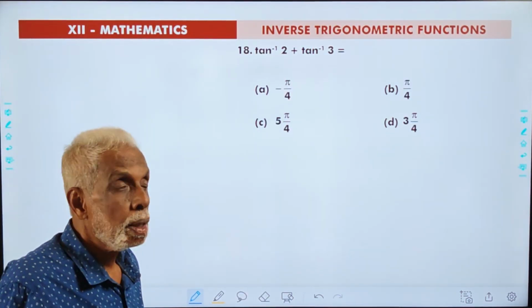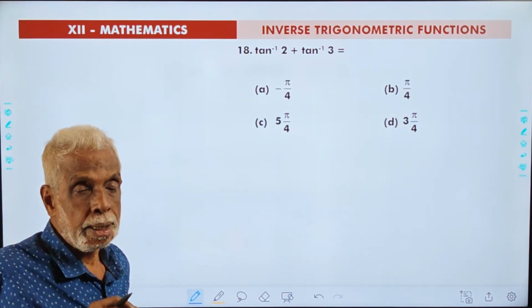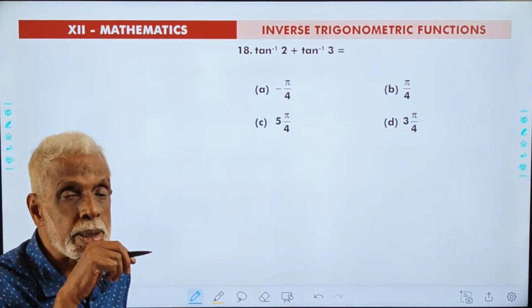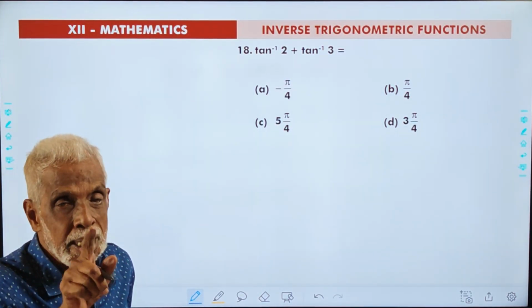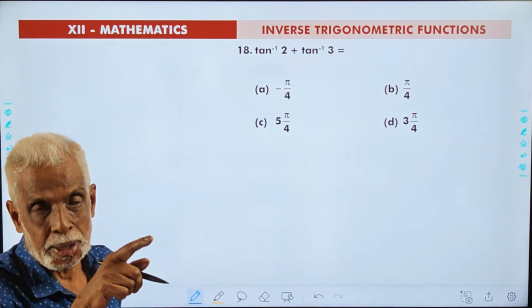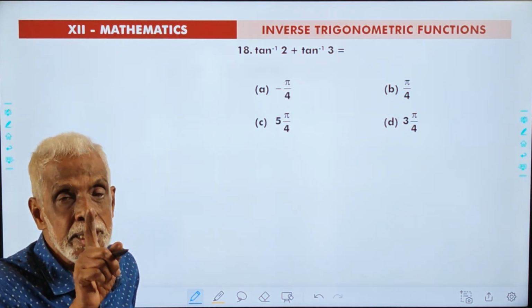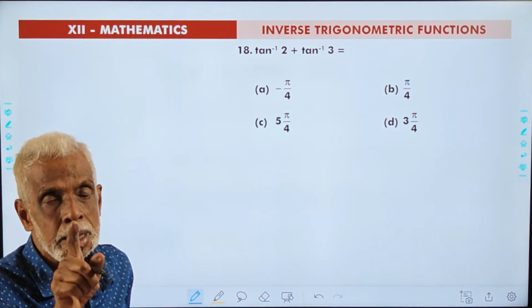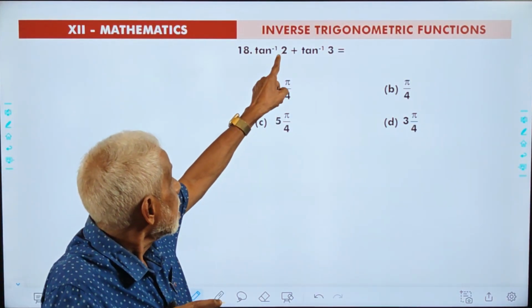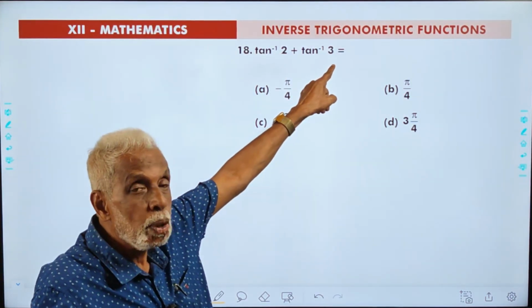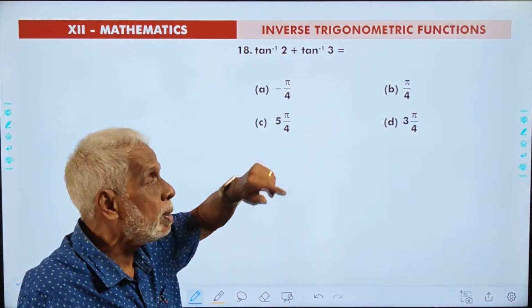Then tan inverse 2 plus tan inverse 3. What is tan inverse x plus tan inverse y? It is tan inverse of x plus y by 1 minus xy, the condition being xy less than 1. If xy is greater than 1, it is pi plus tan inverse of x plus y by 1 minus xy. Here x is equal to 2, y is equal to 3, and xy is 6, which is greater than 1.